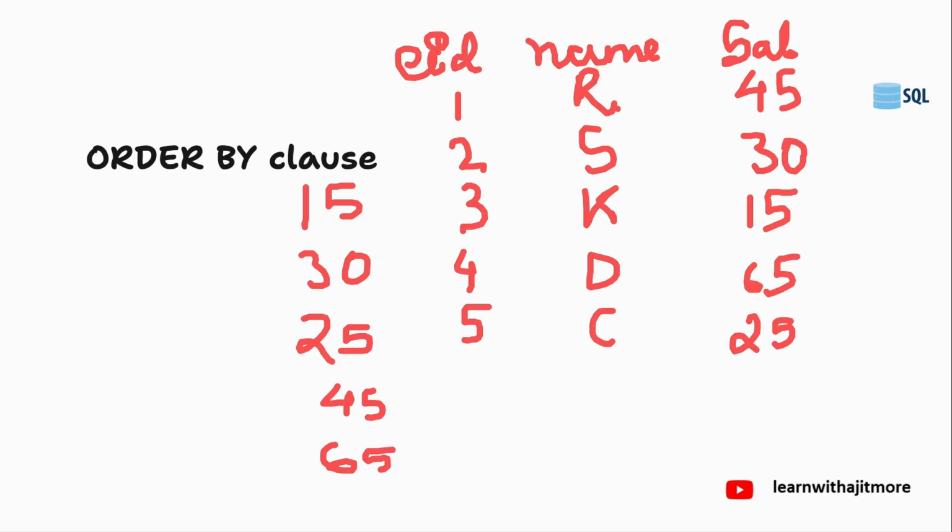Then Ram will get salary 15, whereas his salary was 45. And Sita will get 25, whereas Sita's salary was 30. So only salary is not getting sorted; along with that, the other values also get reorganized.